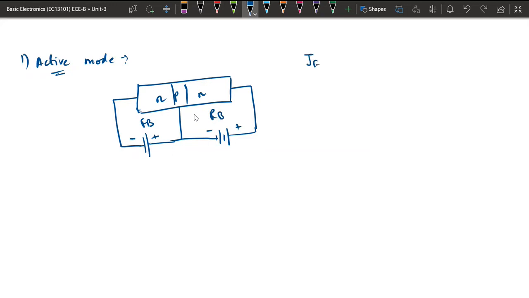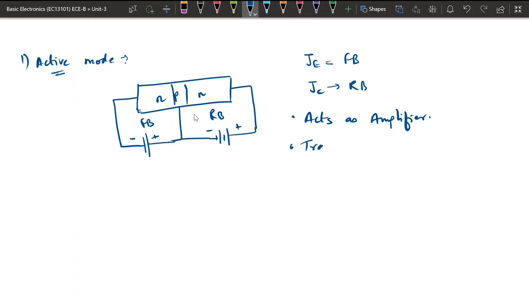Here the emitter junction is forward bias, the collector junction is reverse bias, and it will be behaving like an amplifier. Once it is behaving like an amplifier, we say that transistor action takes place in active mode.